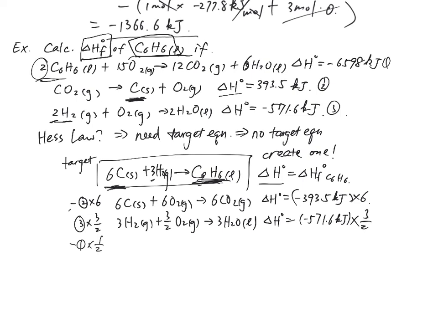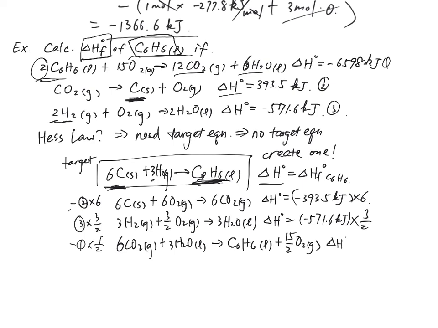You would have the products become reactants, each divided by 2, so 6 CO2, 3 water, producing 1 C6H6 and 15/2 of O2 gas.